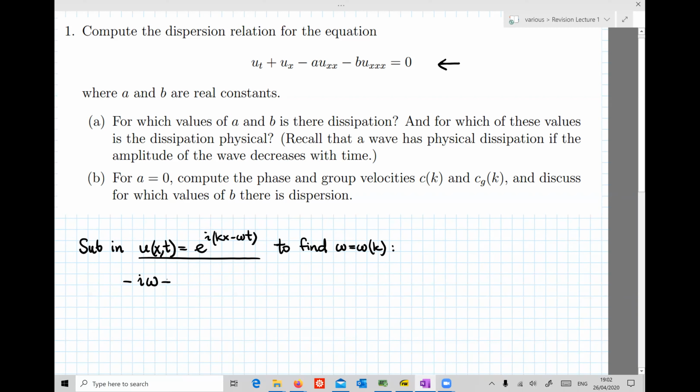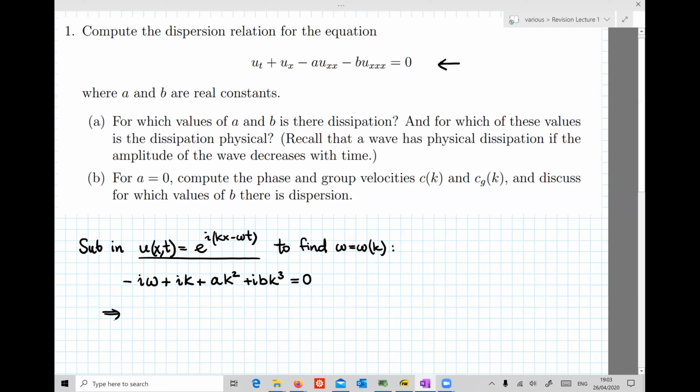Then u_x gives us plus ik. Then we have minus a times the second derivative with respect to x, that's (ik) squared, so we get plus a k squared. And finally minus b times the third derivative with respect to x, that's (ik) cubed, so we get plus i b k cubed, equal to 0.